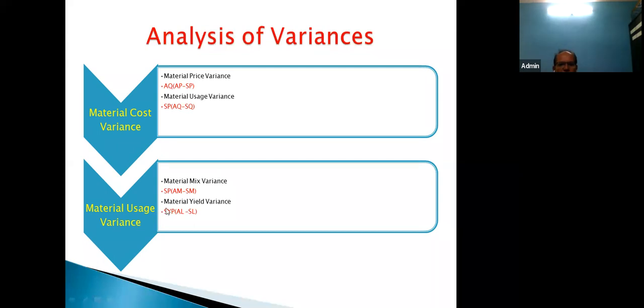Material usage variances again has two formulas. Material mix variances is calculated as standard price in bracket actual mix minus standard mix. Another, material yield variances, is calculated as standard yield in bracket actual loss minus standard loss.